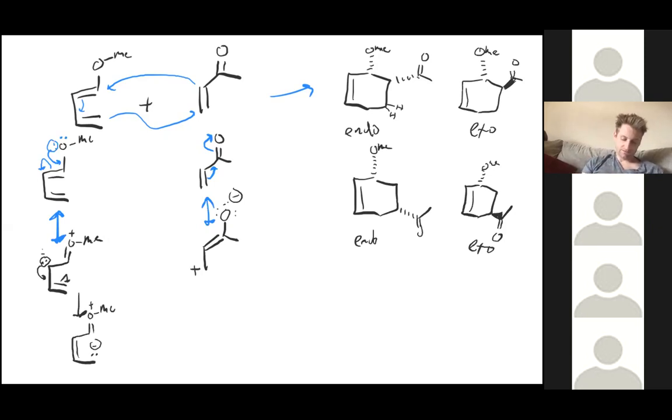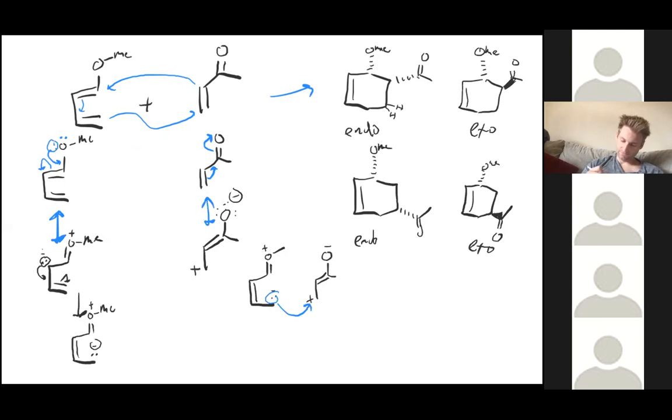Okay, if we line these two up next to each other, the negative is going to want to attack the positive. And that makes sense. That's like our normal mechanism. This comes and attacks here. That bottom is going to come over and attack this positive. So that makes sense. This lines up well.